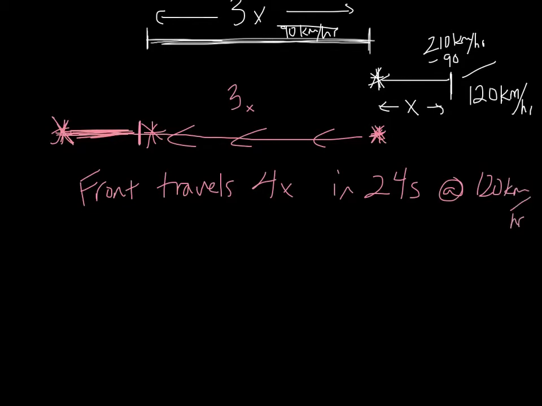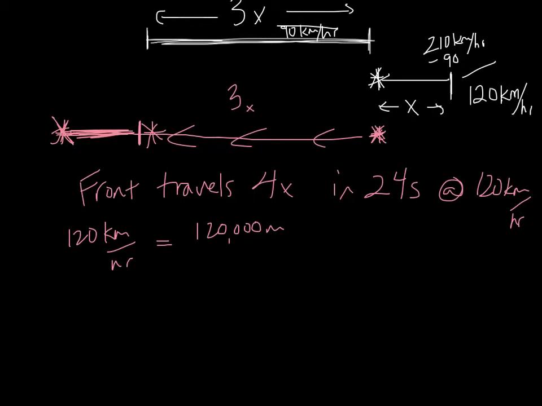Now, the other little deal that we're going to do is we're going to convert 120 kilometers per hour to meters per second, just because it's a more realistic thing. So 120 kilometers per hour is the same as 120,000 meters. You know about kilometers and centimeters and all that stuff, right?